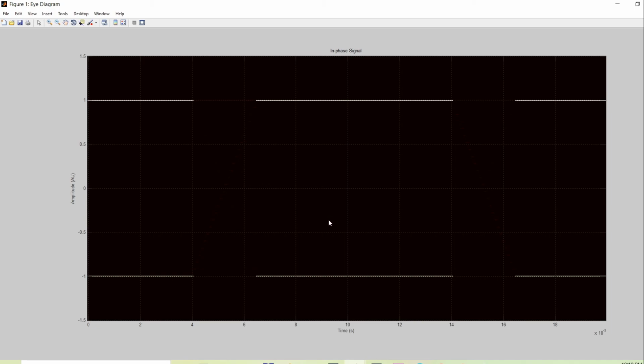The rise time and fall time being there means there is a spreading of the pulse. That leads to intersymbol interference, and also it gives an insight about where to sample, at what interval the signal can be sampled at the receiver end, so that we can get the accurate symbol detected. So that's the significance of the eye pattern.